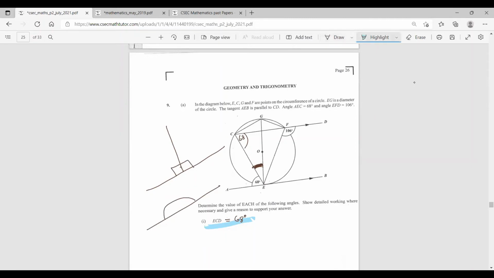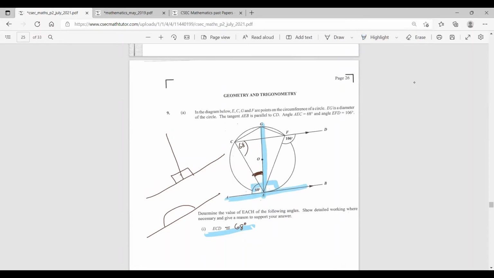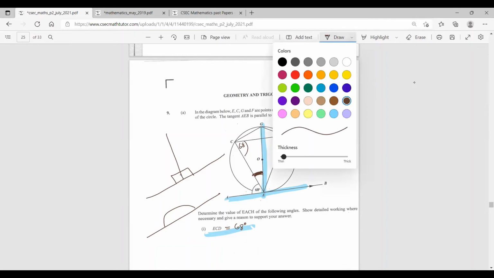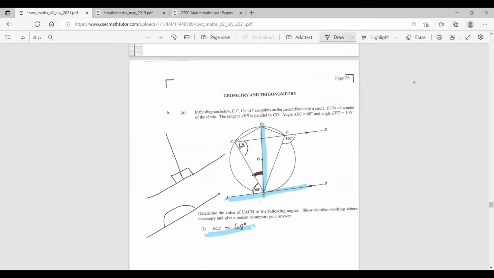So here the two straight lines are meeting each other, therefore forming 90 degrees on both sides. If 90 degrees is forming on the side we are focused on, and this part here is 68, then the difference will be 90 minus 68, giving us 22. We on board? Any questions?